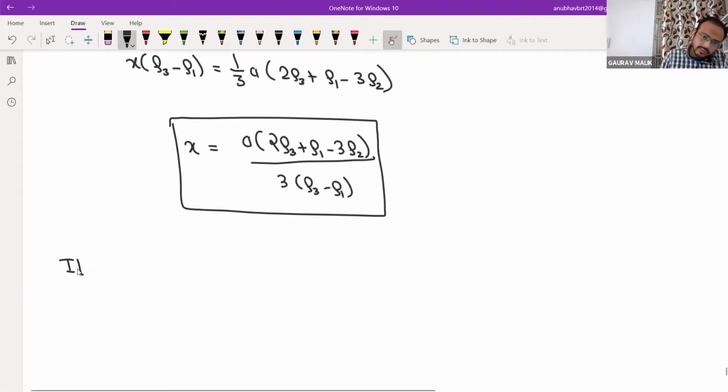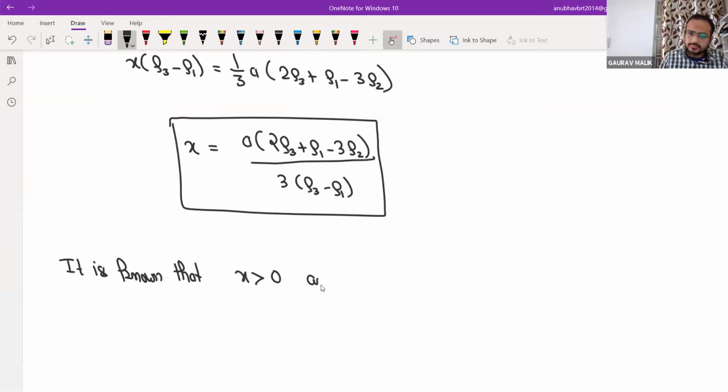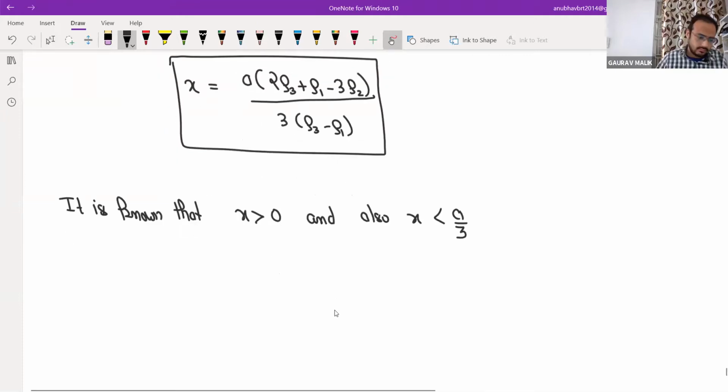And it is known that the value of X should be greater than 0 and also less than A by 3. So the value of X lies between 0 and A by 3.